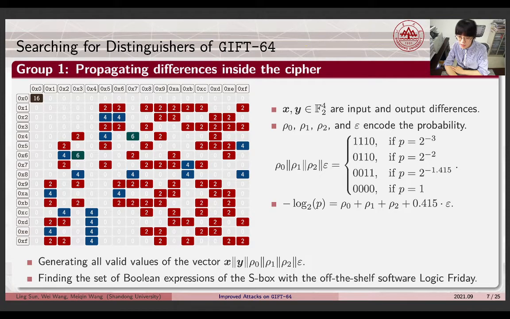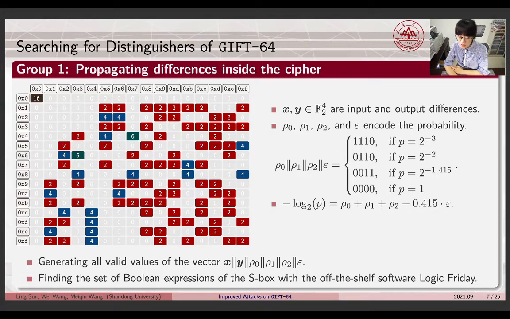We create an assignment to establish the connection between the differential probability P and the 4 Boolean variables so that the opposite number of the binary logarithm of P equals rho 0 plus rho 1 plus rho 2 plus 0.415 multiplied by epsilon.